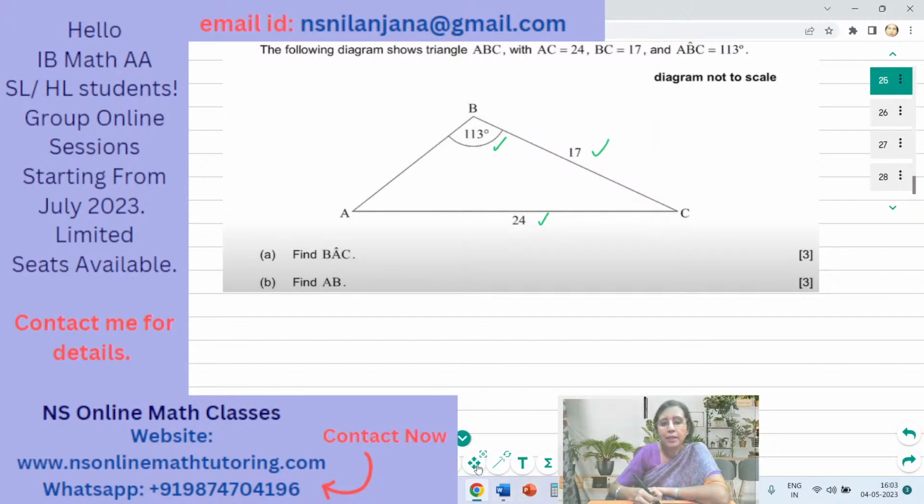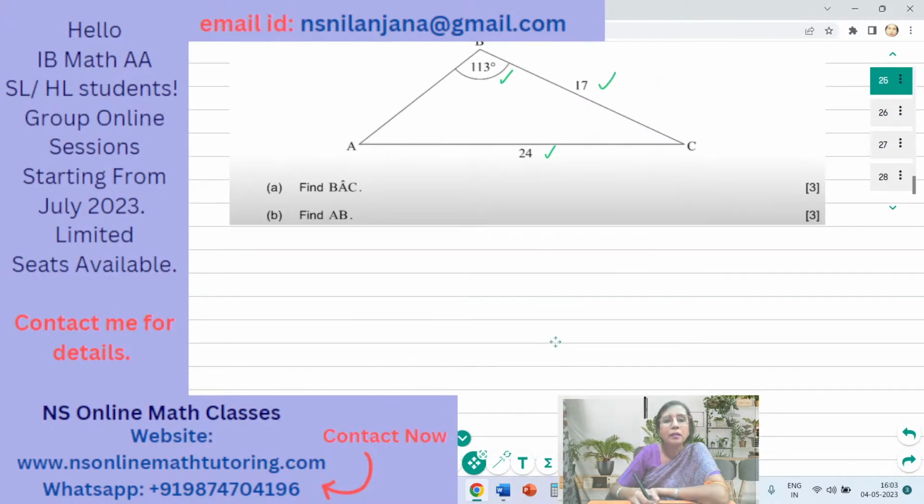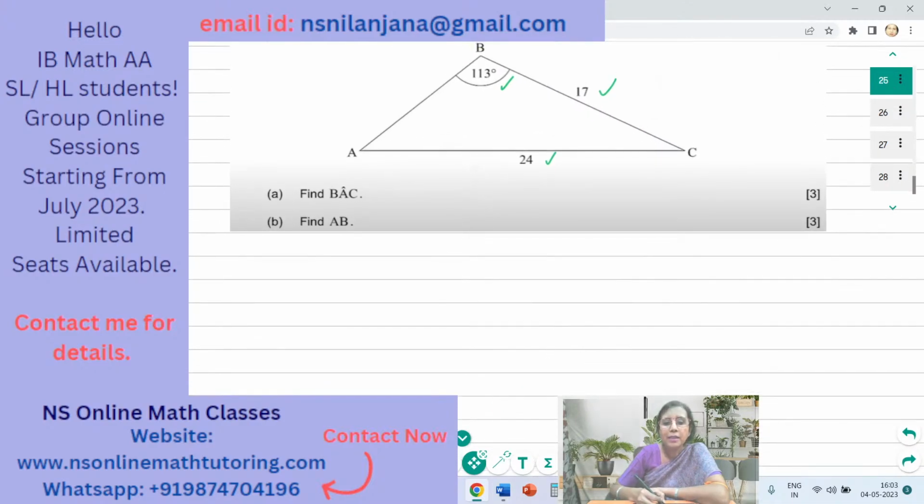And subpart A is asking us to find the angle BAC. Angle BAC, that means this one. Okay. Fine, we can use the sine rule. We are having the two side lengths and one non-included angle, so we may use the sine rule.